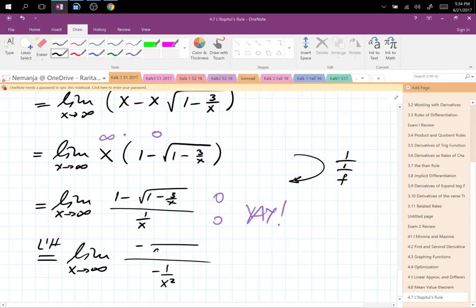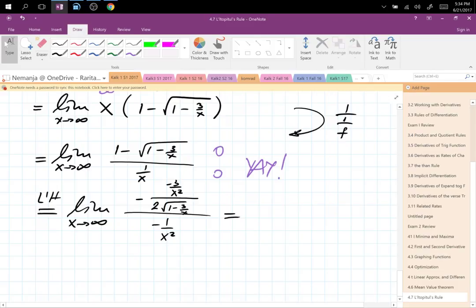We know that the square root gives you 2 times the square root in denominator, and then the derivative of the parenthesis goes on top, which is negative 3 over x squared. That's the derivative of 3 over x. So the derivative of 1 over x is negative 1 over x squared. The derivative of 3 over x is negative 3 over x squared. It has to be. Just multiply by 3.